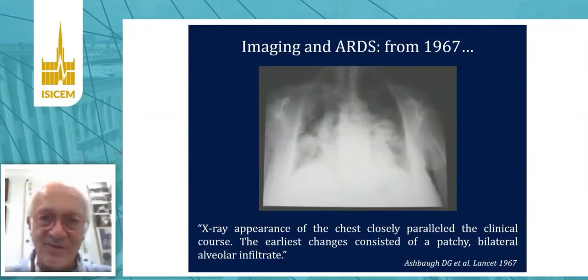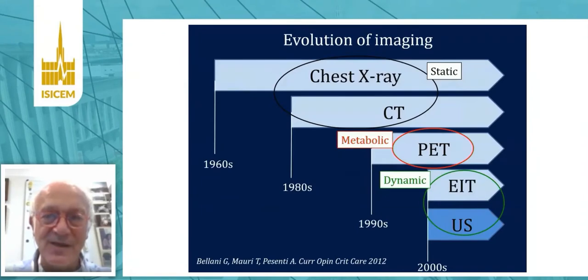Now, let's see what has happened with imaging in ARDS. We started in 1967 when Ashbaugh defined ARDS using, among other signs, the chest X-ray. And we grew up with the idea that ARDS was a diffuse disease of the lung.